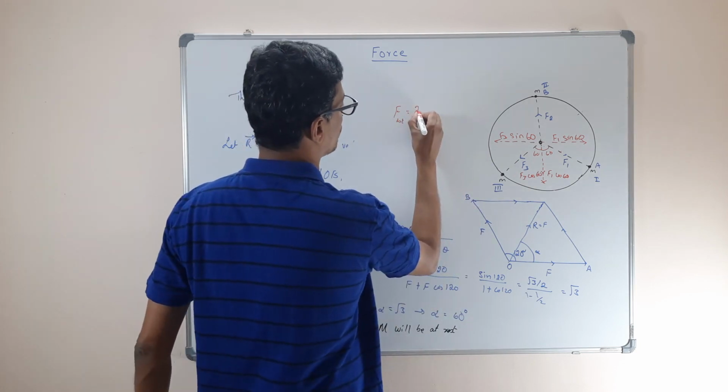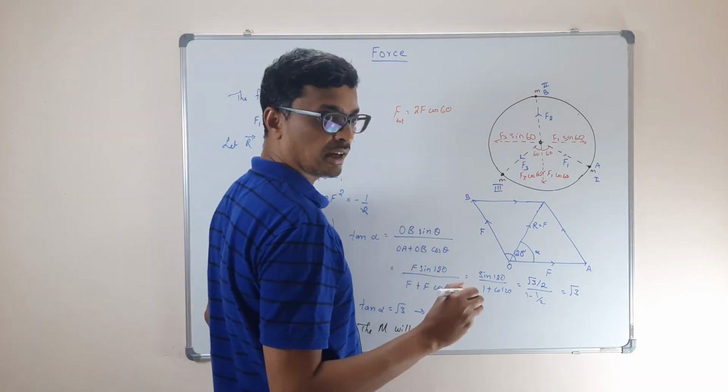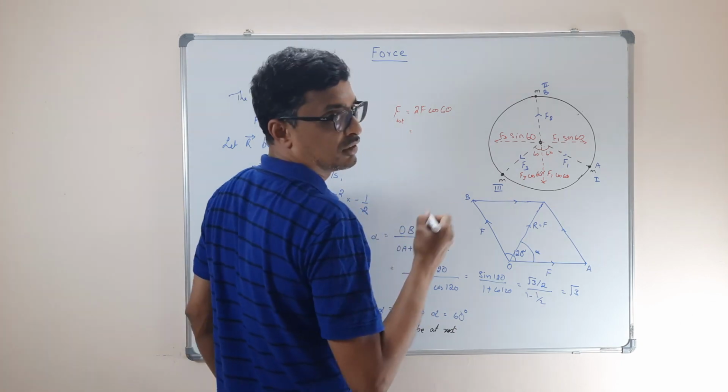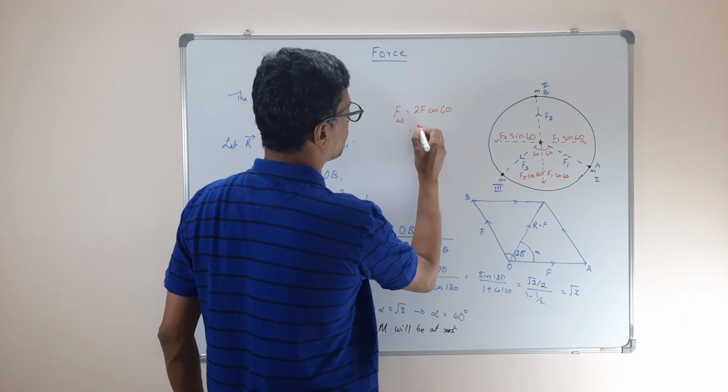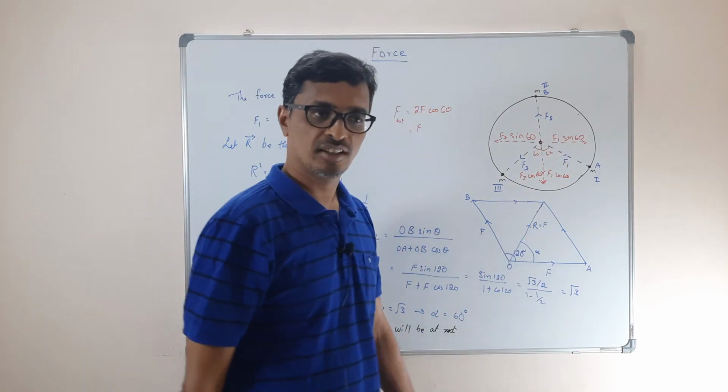Correct? Tell me, what is 2F cos 60? 1 by 2. So it's equal to what? F. So of course we are getting F, and that cancels with the opposite one.